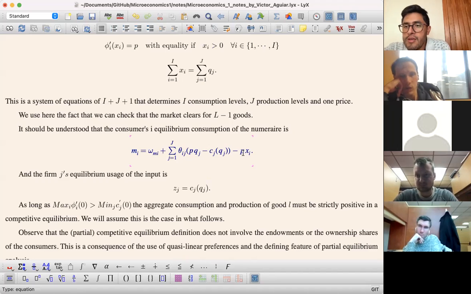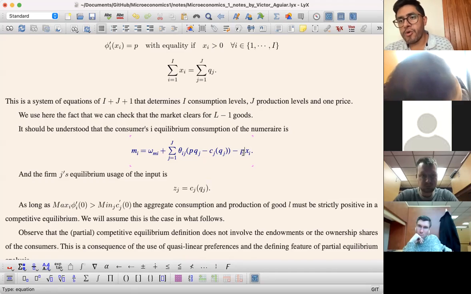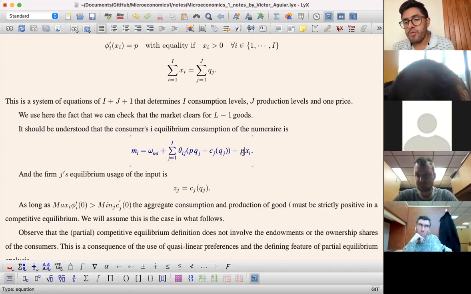So usually we don't study the consumption of the numeraire because we already know that the market of the numeraire clears immediately by our Lemma 8, and we are not interested in the consumption of other goods. But just to understand what's happening, right? Essentially, this is a hidden part, the things we left under the rug, okay?